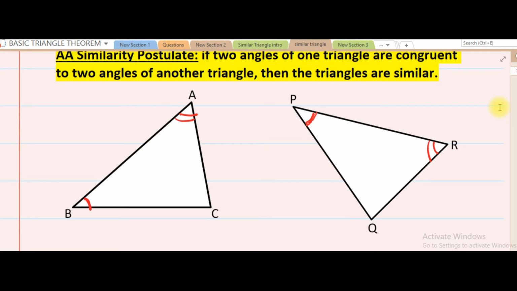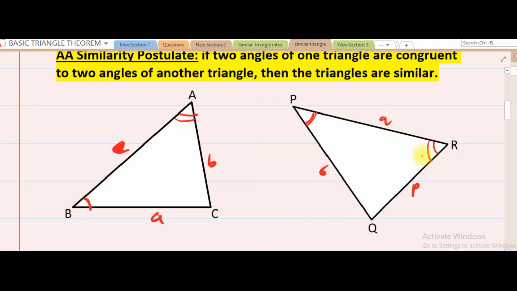And remember, the main thing is that the ratio of the corresponding sides must be proportional. So, maybe you are given a triangle with vertices C, A, and B, and another with P, R, and Q. We now check: this angle has one hash, this has a double hash.